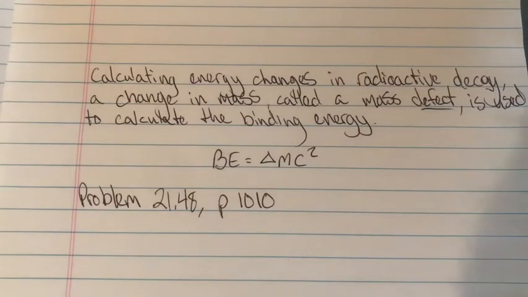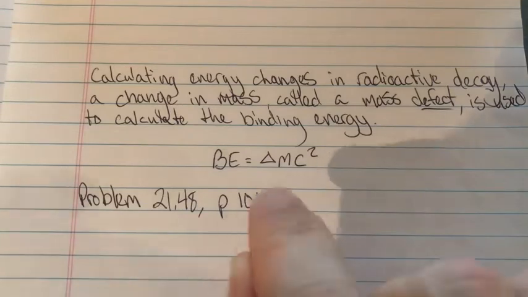Okay, so if you thought that particular math was long-winded, boy, are you in for a treat with this one. Calculating the energy changes in radioactive decay, this is really sort of minute detail here, is what is referred to as a mass defect. It's used to actually calculate the binding energy.